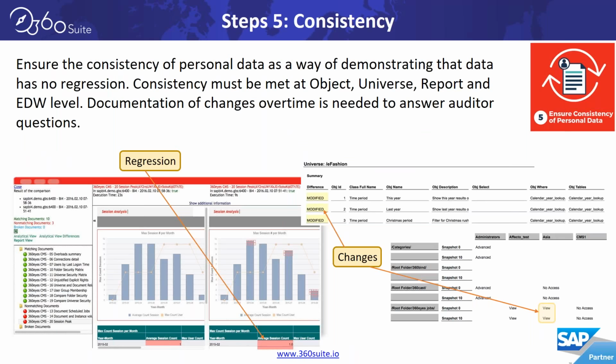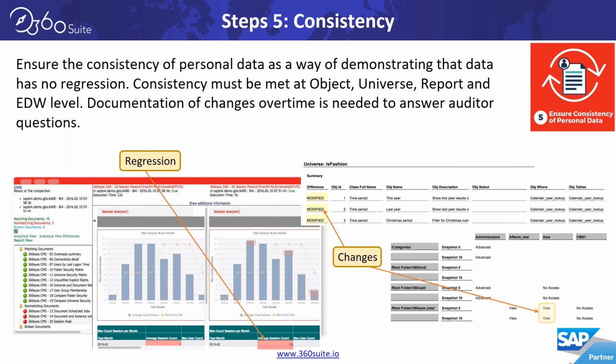Okay, and the consistency. You will be doing some changes, obviously, over time. Either changes because you have found some problems that needed to be repaired, or just your developers updating universes, creating universes, updating the security model, and so on.